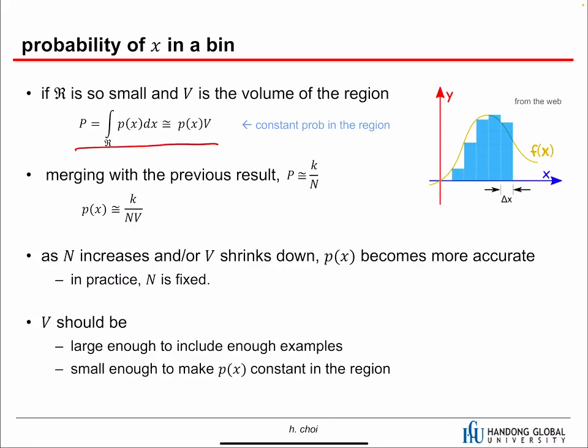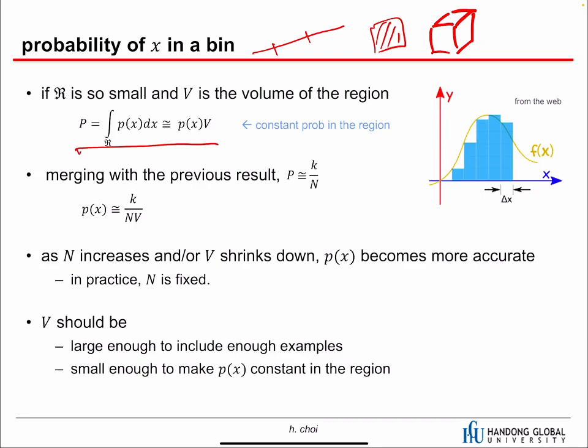The volume is actually a general term. When the sample space is one-dimensional, the length is the volume. When the sample space is two-dimensional, the area is the volume. And when the sample space is three-dimensional, something like this is the volume. So volume is a general term.